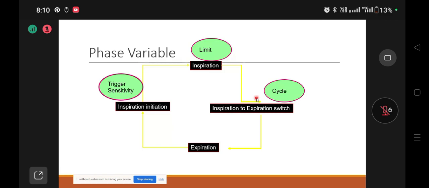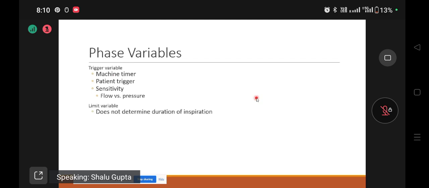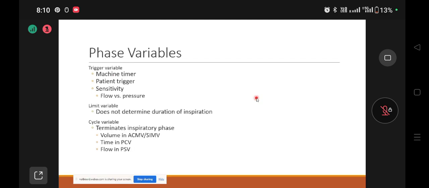That is when the ventilator switches from inspiration to expiration, and finally expiration comes, where you have already applied a PEEP. So I think these are some of the trigger variables. It could be machine time triggered, patient triggered, with sensitivities we have to set, and then limit variables. Cycle variables are those variables which terminate the inspiratory flow.